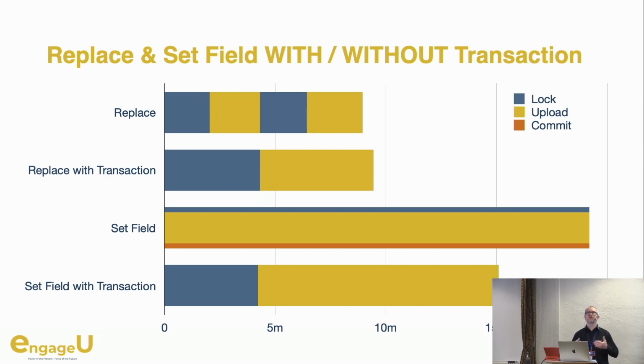Surprising but not so weird effect with set field with transaction is that there was still a lot of time needed for FileMaker to lock those records, because even though it's a single transaction, for every single record when you touch it, FileMaker Pro still needs to send a request to the FileMaker server to lock that record so that it retains exclusive access to the record and no other user can modify it.